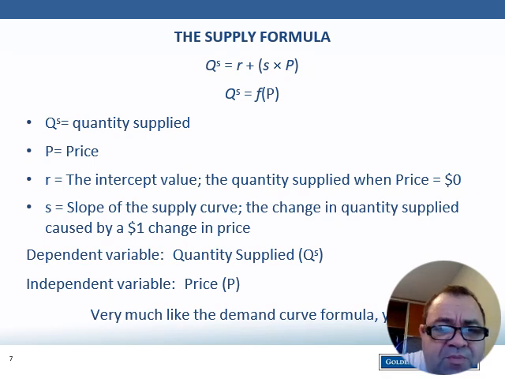S is the slope of change. When there is a $1 change in price, what's the change in quantity that's supplied? That's the slope multiplied by price. As I mentioned, the plus sign means if the price increases, the quantity supplied will increase as well.